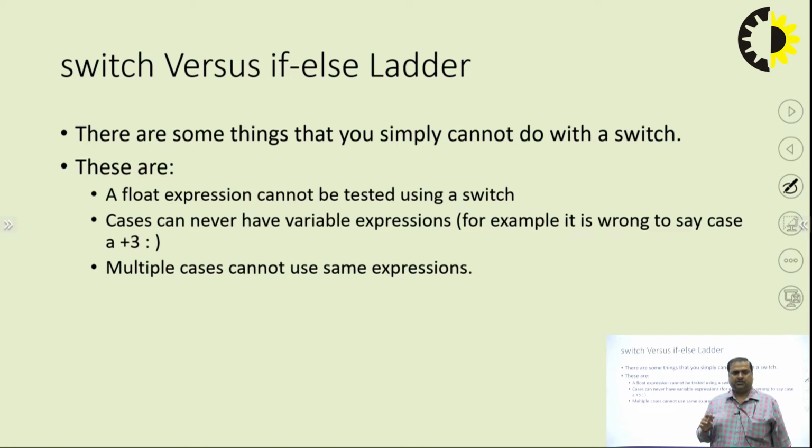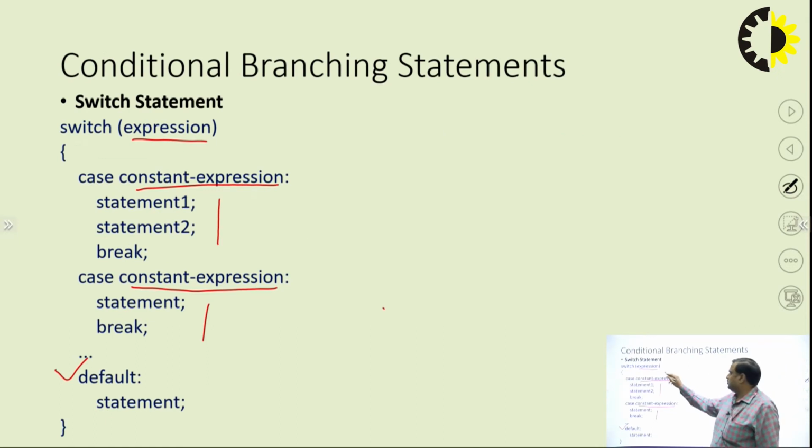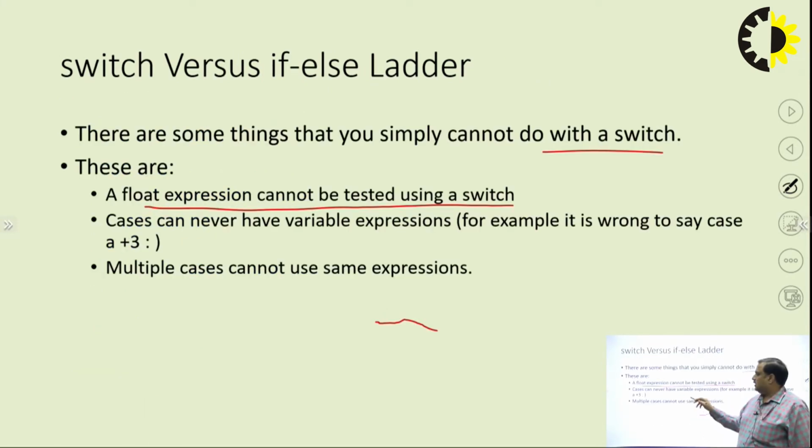What restrictions are there? There is something that you cannot do with the switch, like a float expression cannot be tested using switch. So this must always be an integer resultant value. Cases can never have variable expressions.